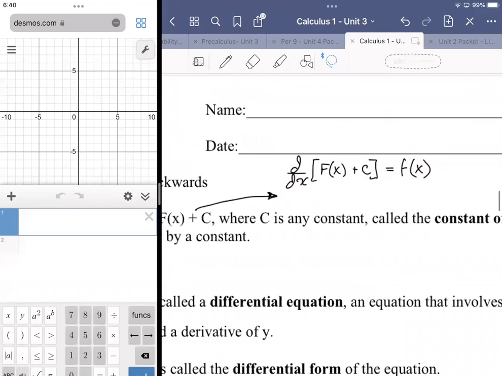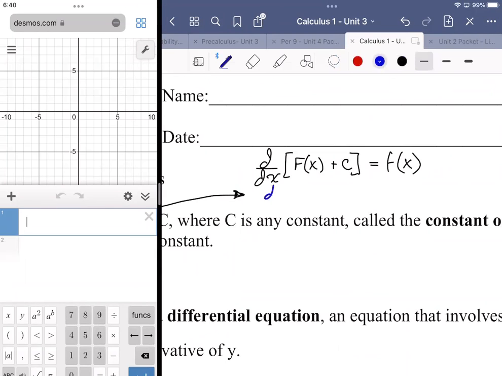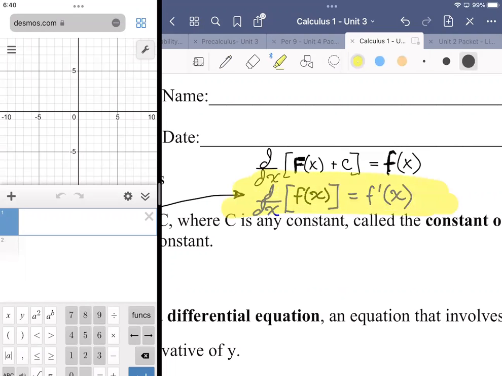Now, if I then take the derivative of this f of x, which was the result of taking the derivative of the capital F of x, if I take the derivative of the f of x, that gives us a result of f prime of x. This is where we've been living. But what we're going to do now is work with this.